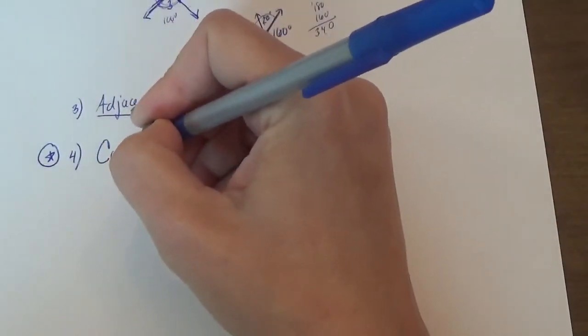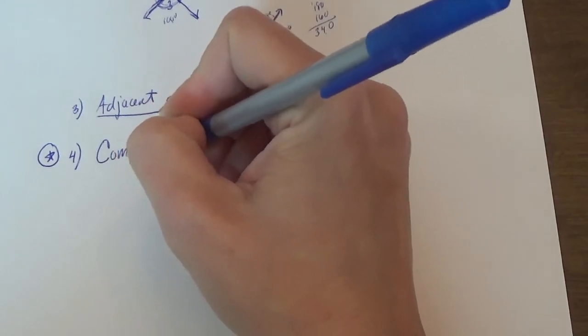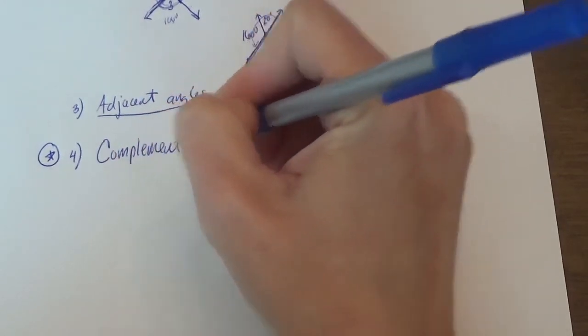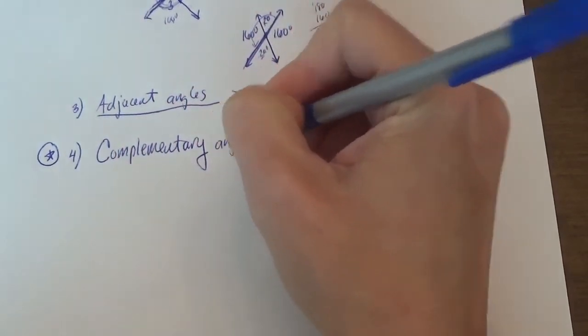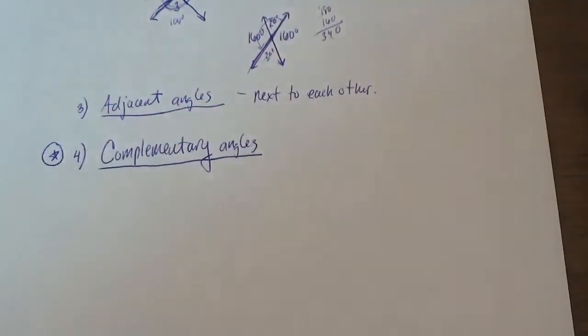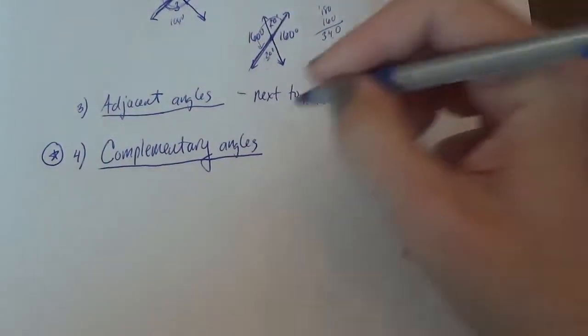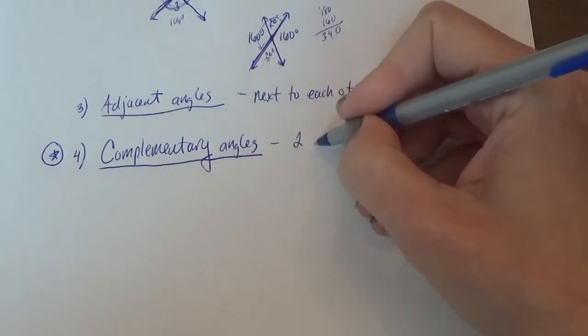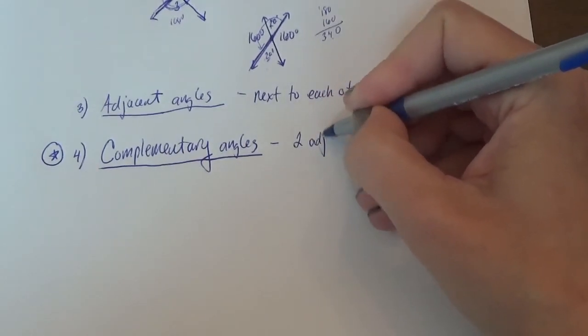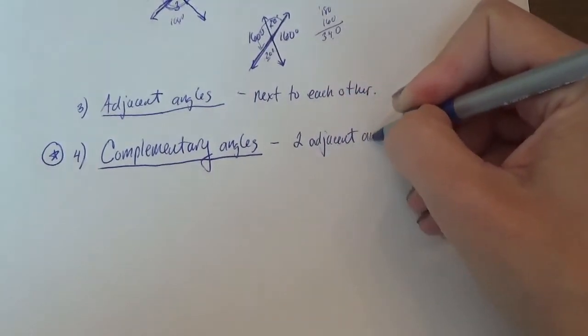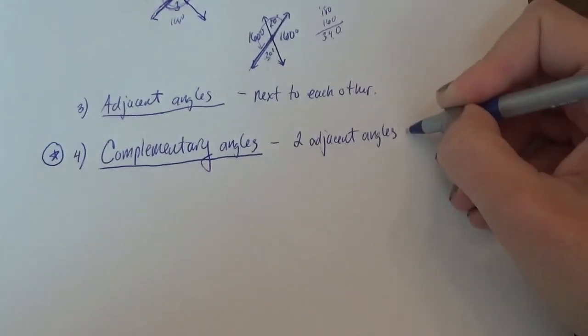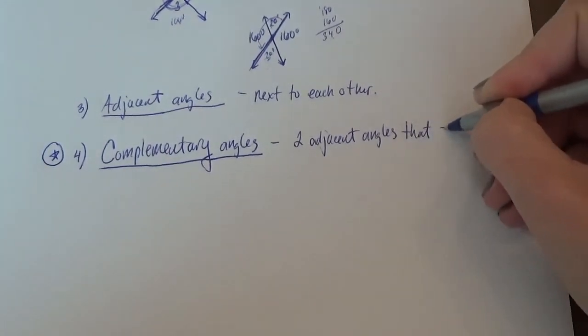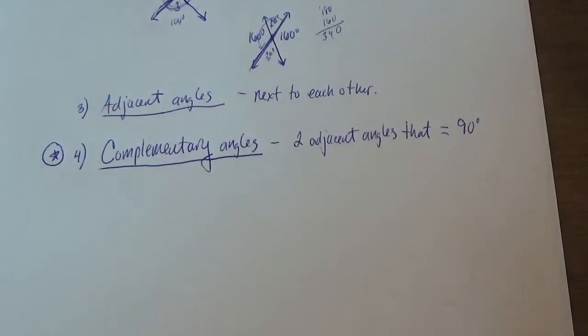Okay. Next one is another important one. Complementary. All right, complementary angles are two adjacent angles, so they're next to each other, that equal 90 degrees.